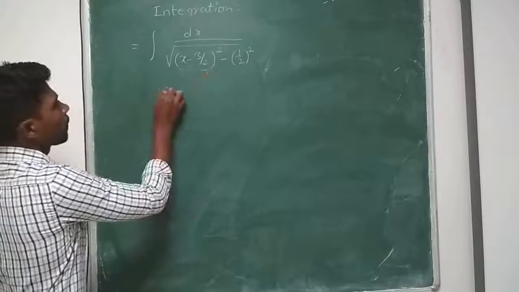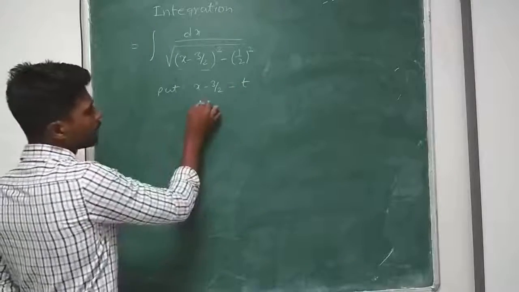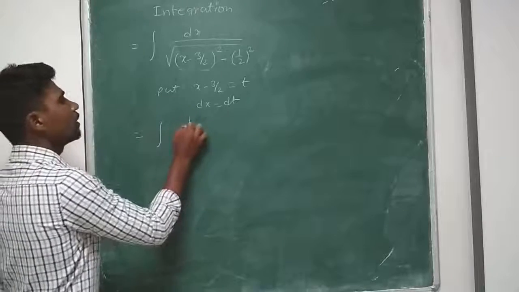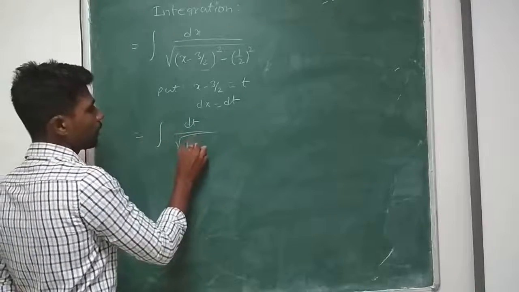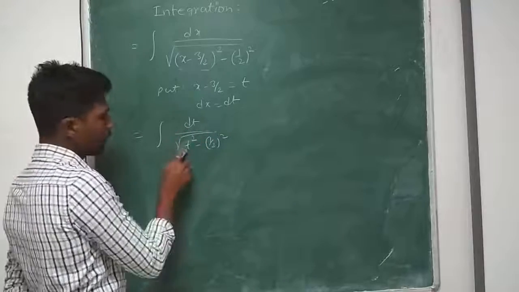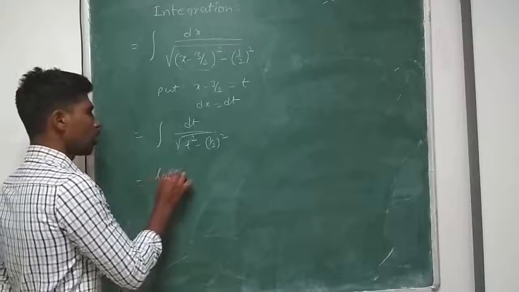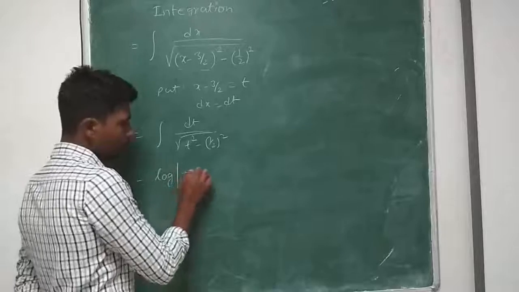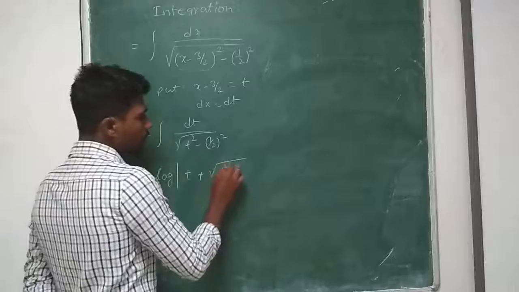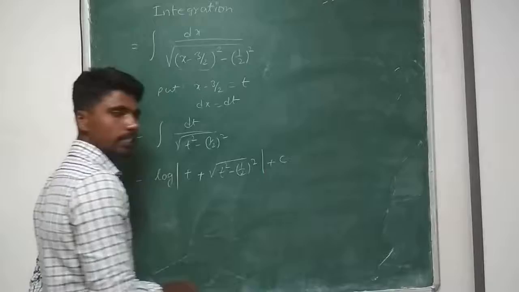So let's substitute x minus 3 by 2 as t. Then dx is equal to dt. Replace it: integral dt by root of t square minus (1 by 2) whole square. 1 by root over x square minus a square is nothing but equal to log modulus of x plus root of x square minus a square, plus a constant c; in place of x I have t, so log modulus of t plus root of t square minus (1 by 2) whole square plus c.